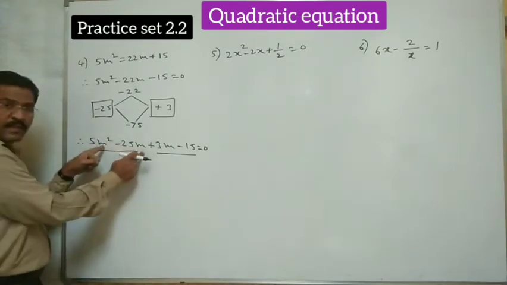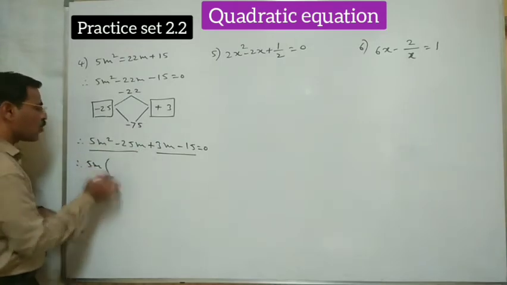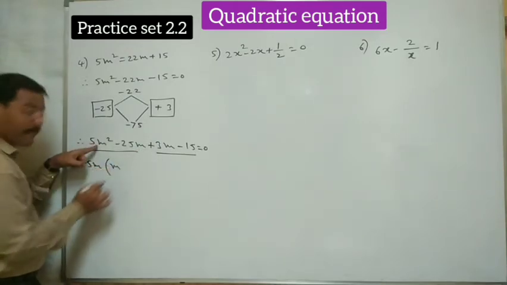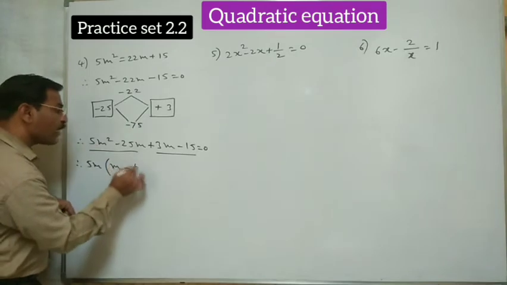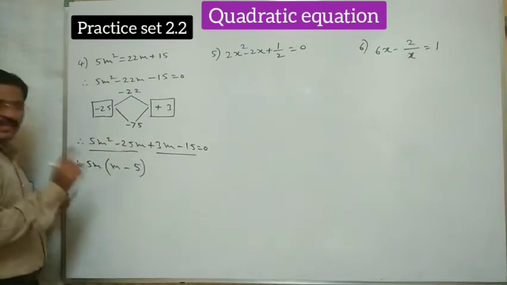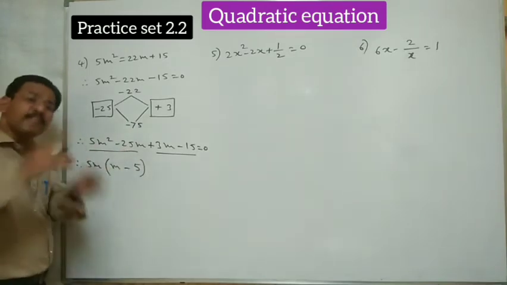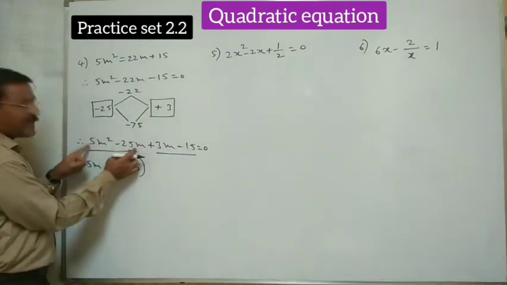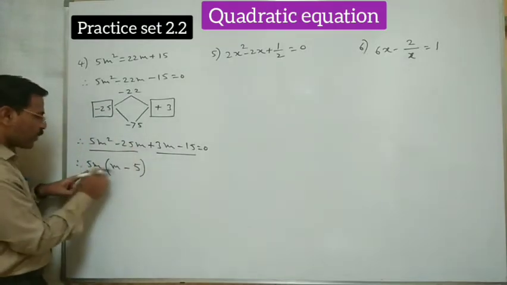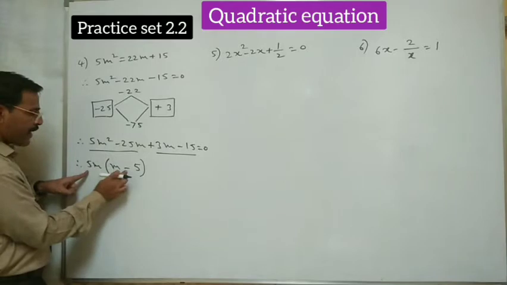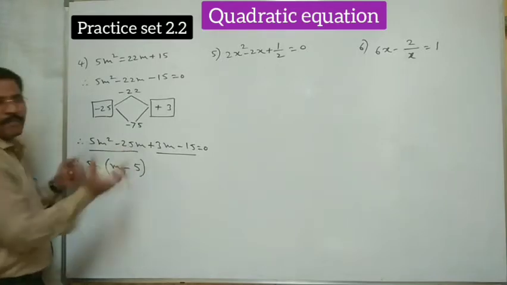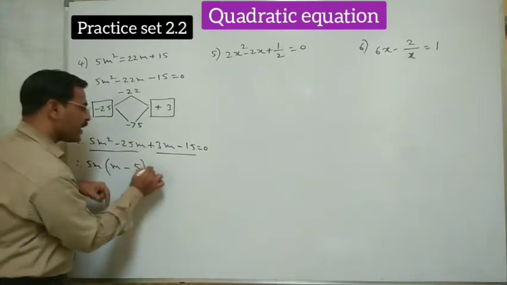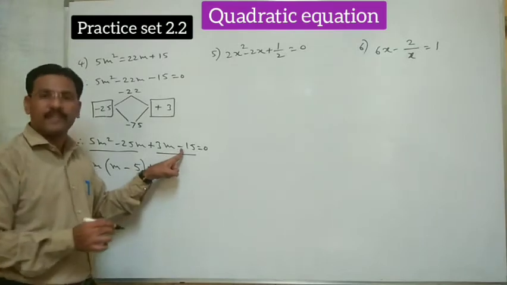Again one m is also there, so I take 5m common. Here 1m remains, minus 5 fives are 25. If you are not sure, just multiply again to check whether we get the same thing or not. Look here, 5 into m square, 5m square minus 5 fives are 25m, like this. Because of this plus, no change of the fourth term.